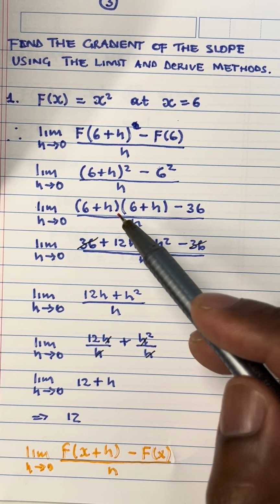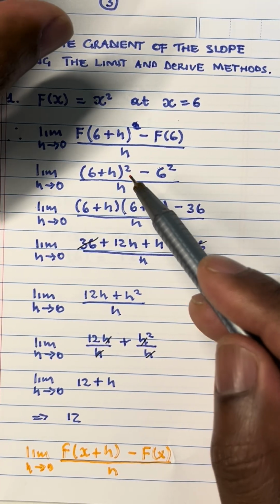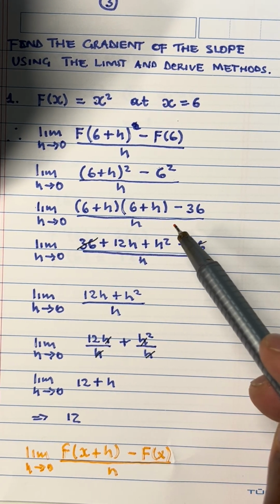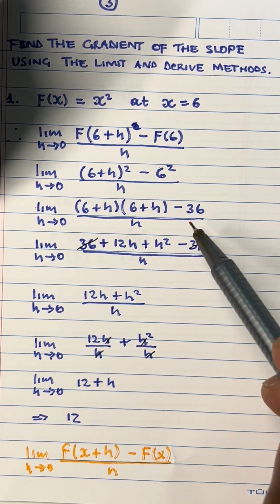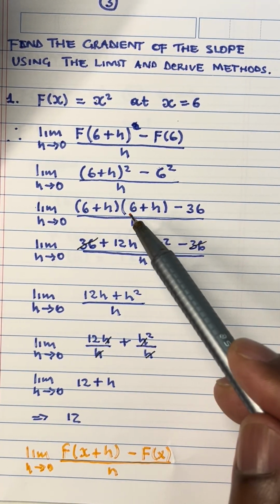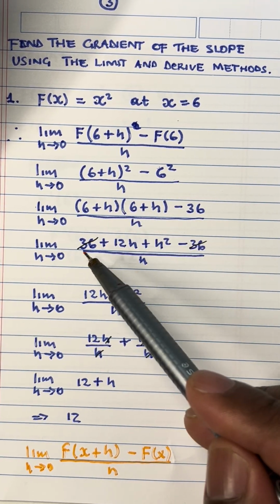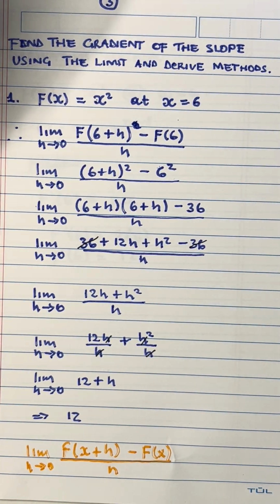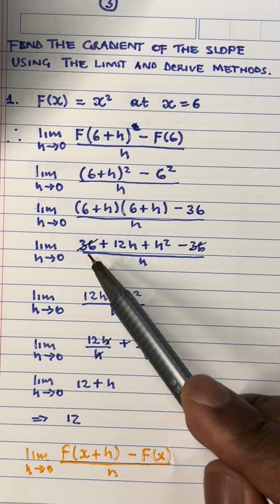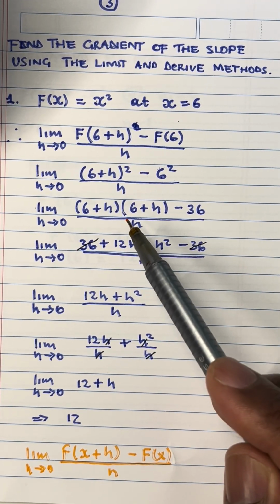And then after that, we're going to expand. That's an English word. 6 plus h squared is the same as 6 plus h times 6 plus h, right? Okay, the 6 squared is 36, divided by h. When you do your math here, 6 times 6 gives you 36.